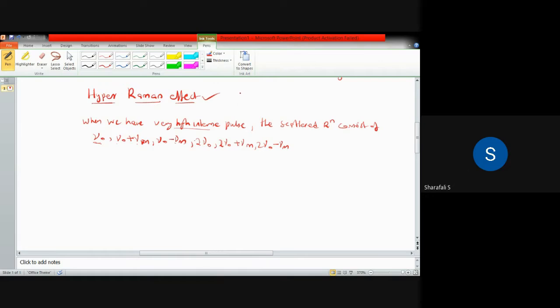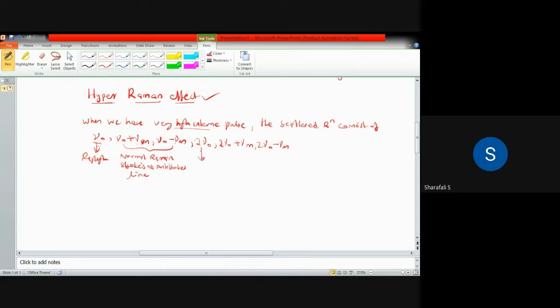So this is the Rayleigh line, Rayleigh scattering. And these two are the normal Raman Stokes and anti-Stokes lines.